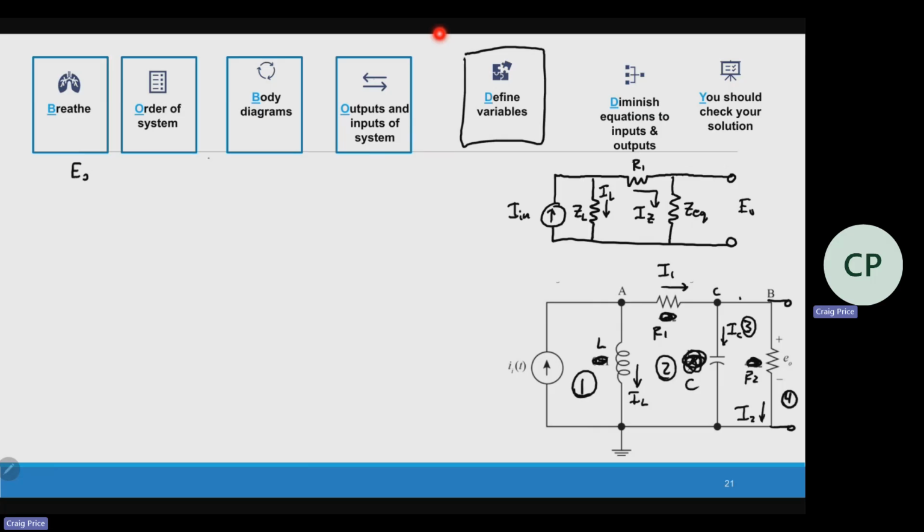E out is equal to Z equivalent times the current I sub Z, where Z equivalent is equal to R2 over R2 CS plus 1, and IN is equal to IL plus IZ.